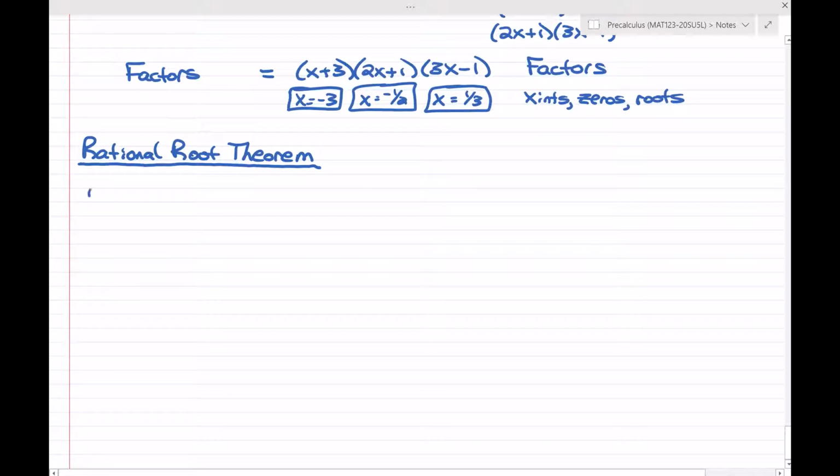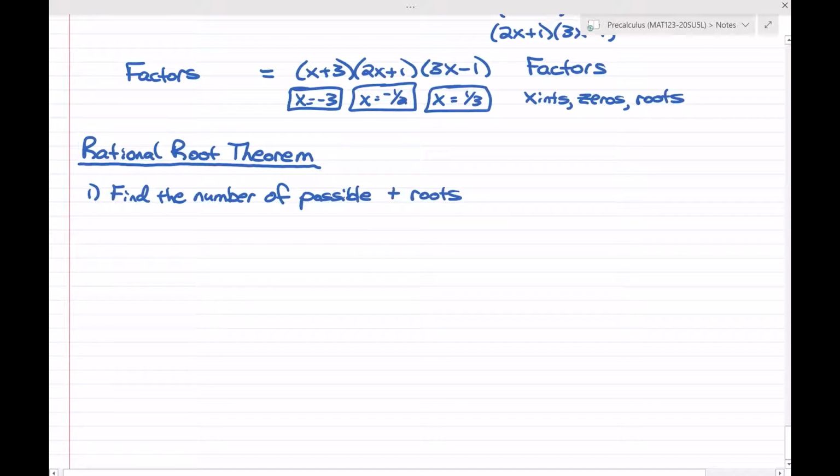There's 4 steps. The first step for the rational root theorem is we find the number of possible positive roots.